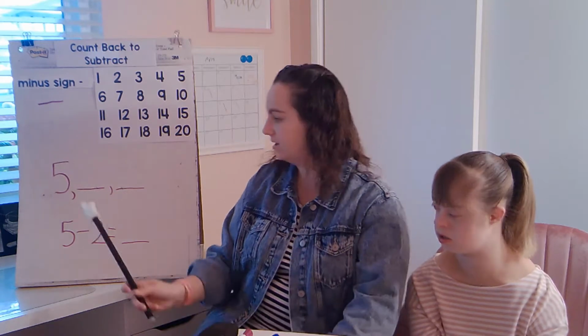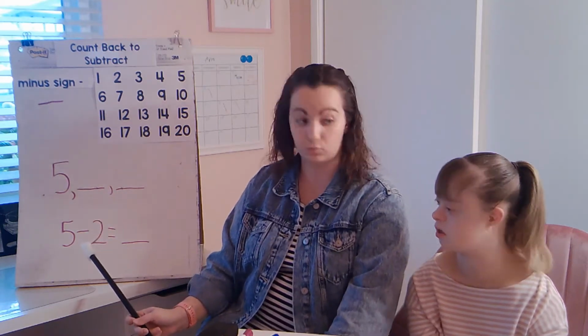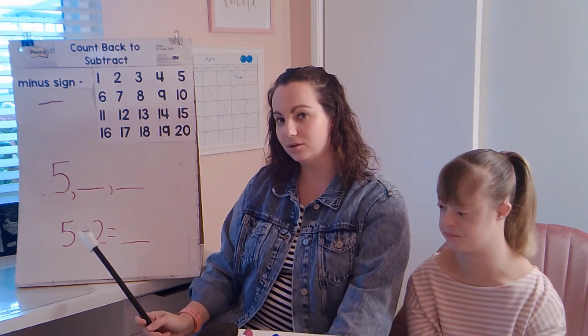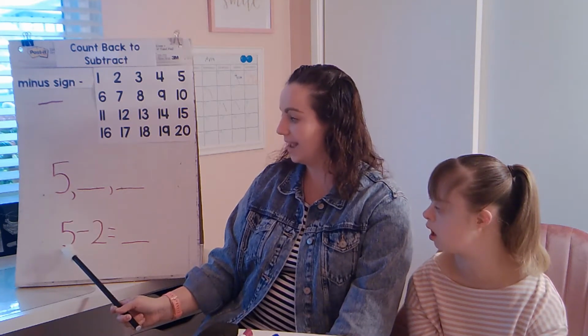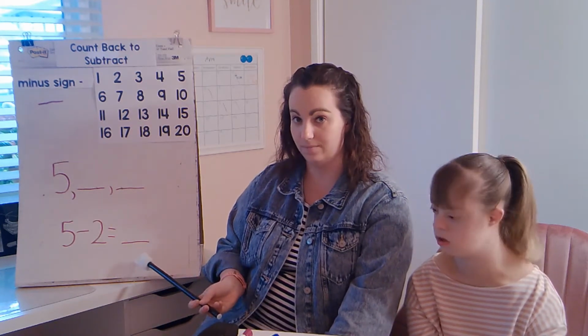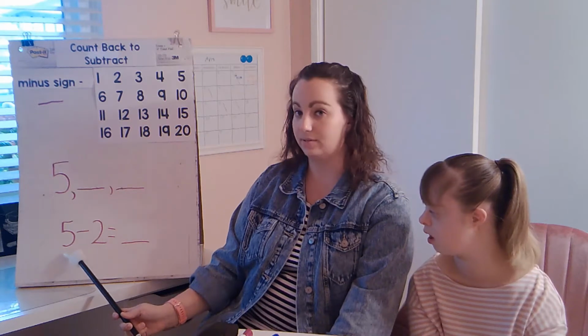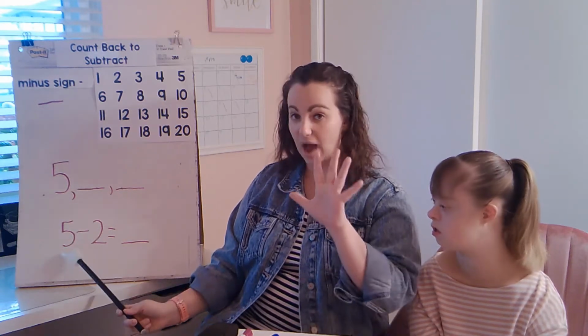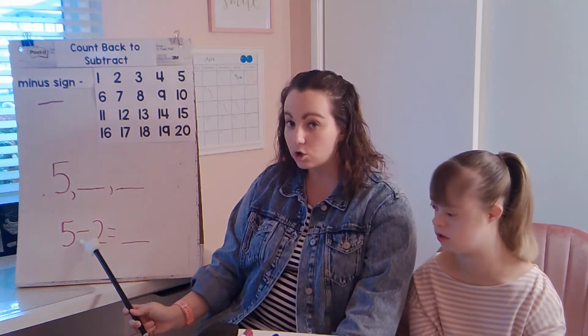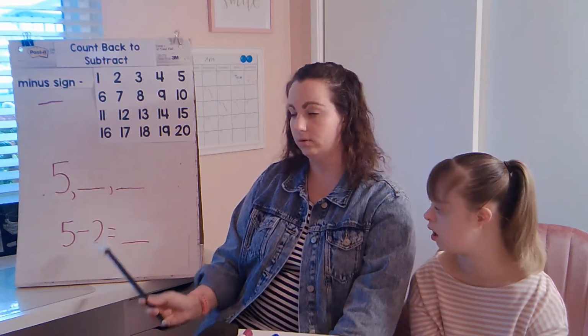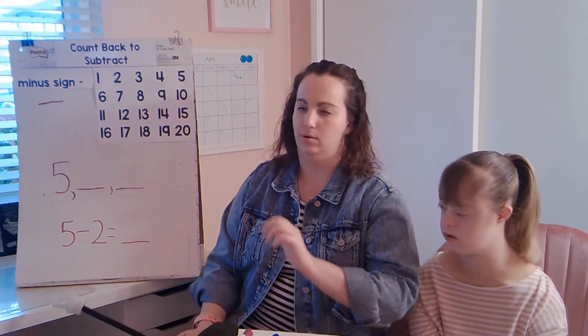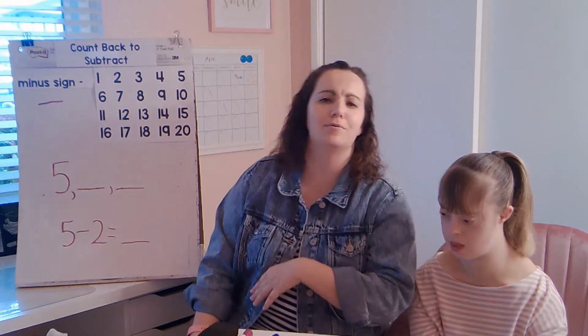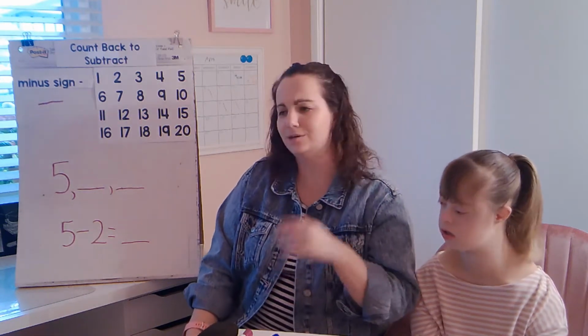Let's go ahead and look at our first subtraction problem. Just like in your learning packet, you're going to have a subtraction problem, and ours reads like this. It says 5 take away 2 equals. Now, you might be like, oh, I already know that, Miss Nickel. I can just use my fingers. I already know it.